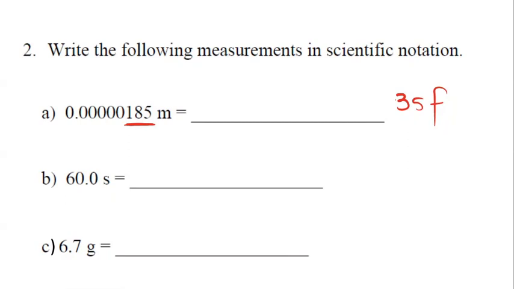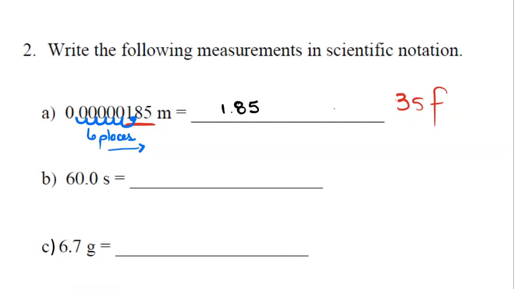So in order to do that, we will move this 1, 2, 3, 4, 5, 6 places from left to right. When we do that, our measurement converts to the digits 1.85.